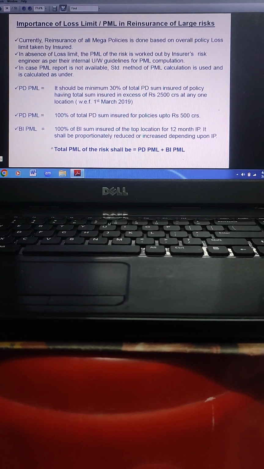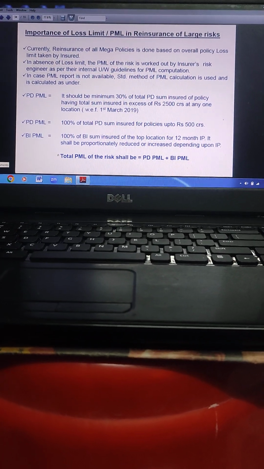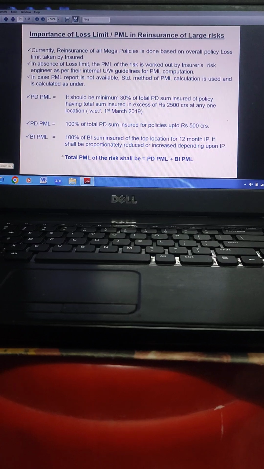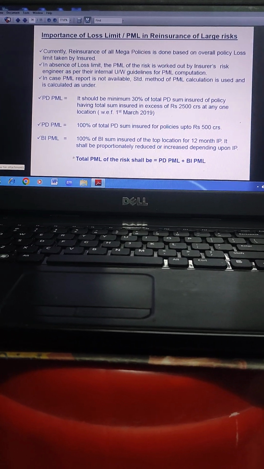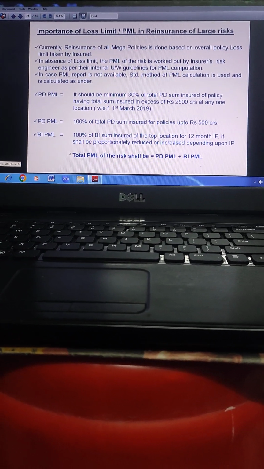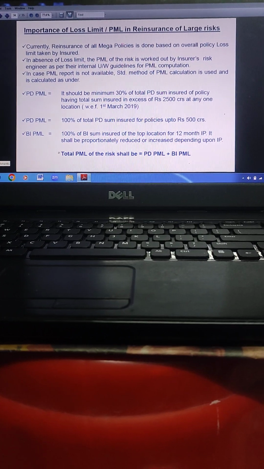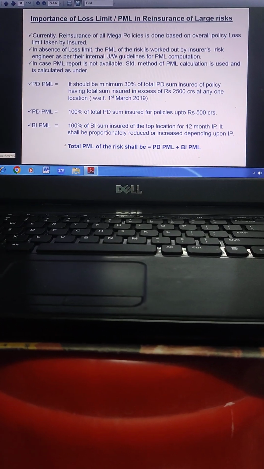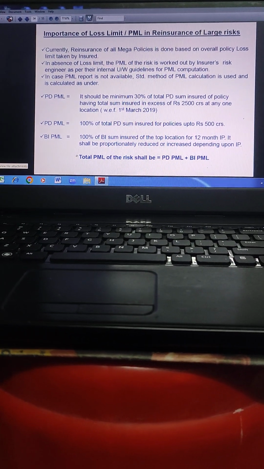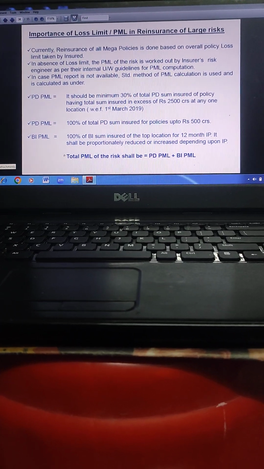Currently, reinsurance of all mega policies is done based on the overall policy loss limit taken by the insured. So in the absence of a loss limit, the PML of the risk is worked out by the insurer's risk engineer as per their internal underwriting guidelines for PML computation.